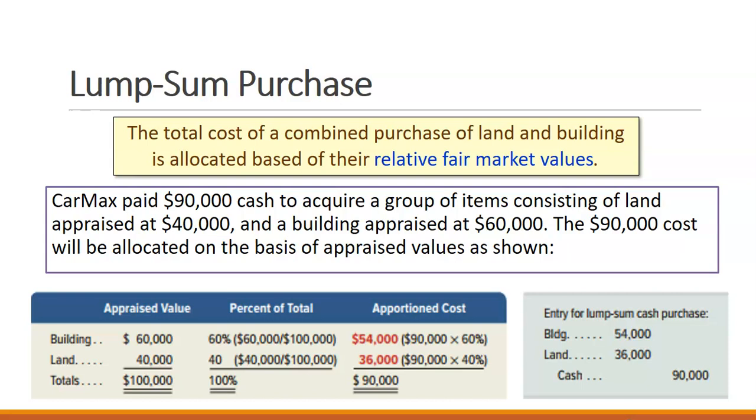So we take the amount that it is appraised for to find the percent of our total. So we have that the land is appraised for $40,000 and the building appraised for $60,000. We add those two together to get $100,000. So the building is 60% of the total and land is 40% of the total. Therefore, we apportion 60% of our $90,000 to the building and the remaining 40% to land.